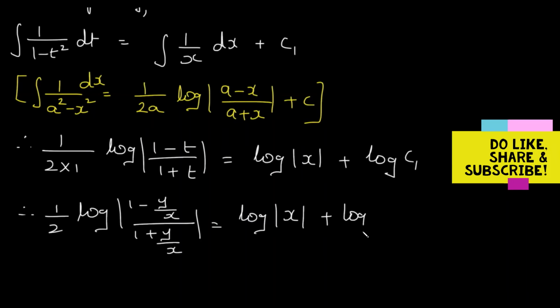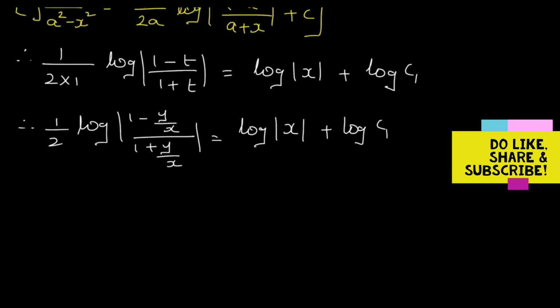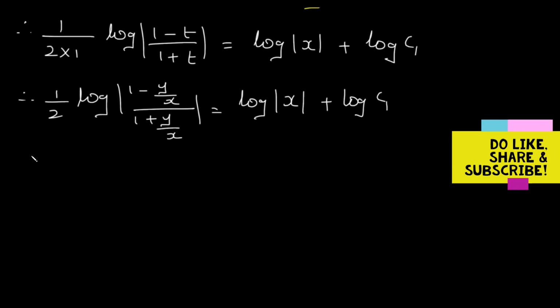2 is taken to the RHS now, so that from 1 upon 2 it becomes 2 over here. So log, now in the log the denominator is equalized. So we get x minus y upon x plus y. As you know, the x in the denominators gets cancelled.